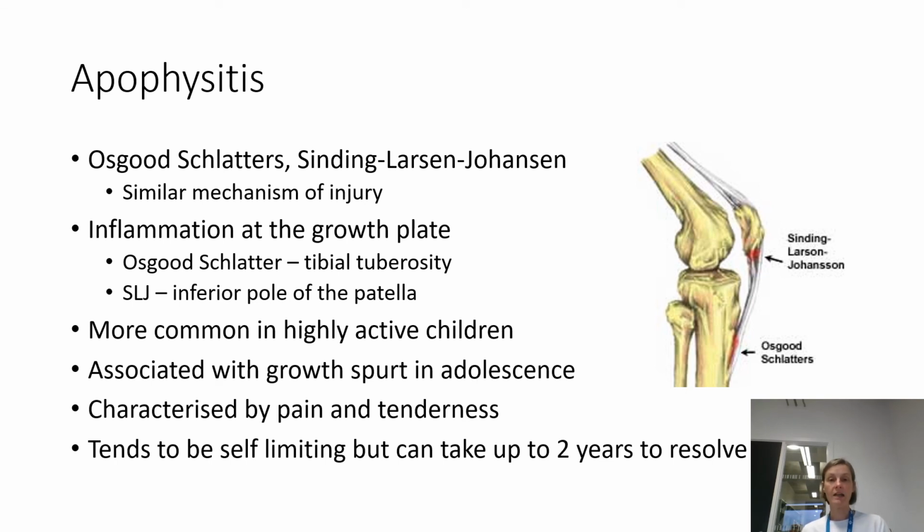The problems are characterised by very specific pain and tenderness at that point. So if you squeeze the inferior pole of an adolescent with Sinding-Larsen-Johansson syndrome, they will tell you about very specific pain at the inferior pole of the patella, or likewise on the tibial tuberosity. The conditions tend to be self-limiting, but they can take up to a couple of years to resolve.